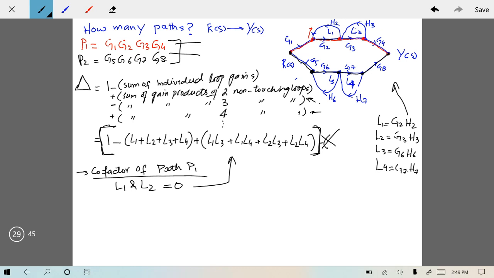of path P1. That is del, and instead of i I can write 1, obviously, because I am writing it for path 1. For j I can write r, and for k I can write y: del 1 ry.